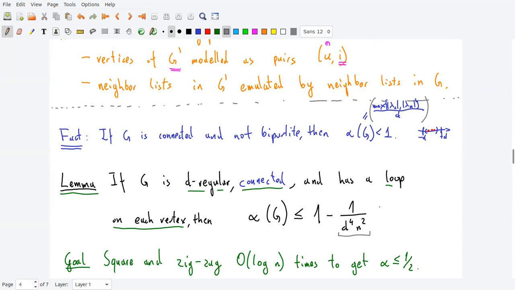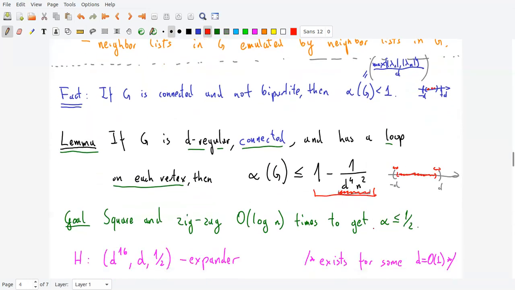So it is a little bit bounded from 1. On a picture, I've got this interval from minus d to d, and the actual spectrum is a little bit bounded away from minus d and plus d, by a multiplicative factor 1 minus this tiny epsilon, depending on d and n.